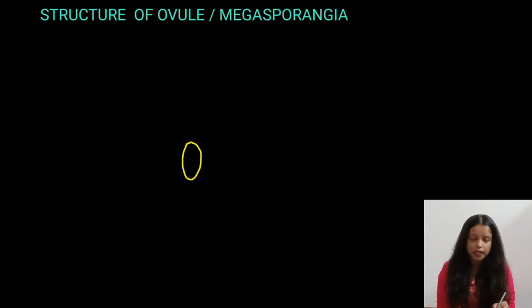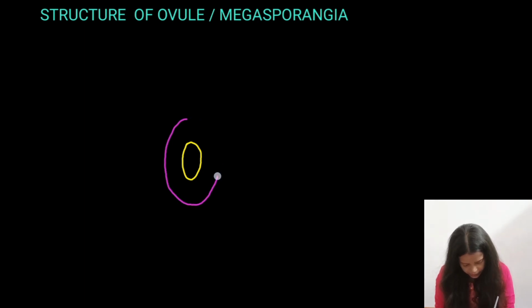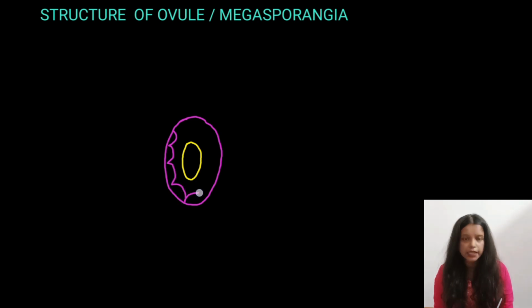In the middle there will be embryo sac. Next, the embryo sac is surrounded by a mass of cells. Let's draw some cells. This mass of cells is known as nucellus.